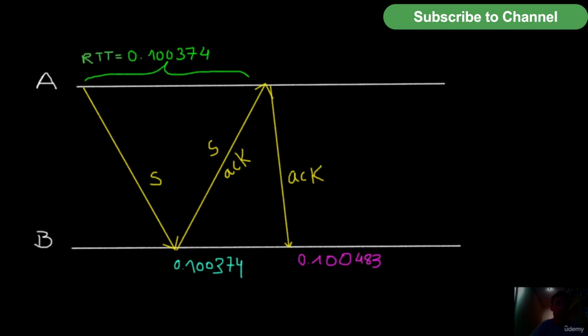This essentially means that the time between the synchronization acknowledge and this acknowledgement is this value minus this value. There's a difference. So this difference in here gives us this time in seconds. As we can see, this first time is much higher and considerably higher than this one.